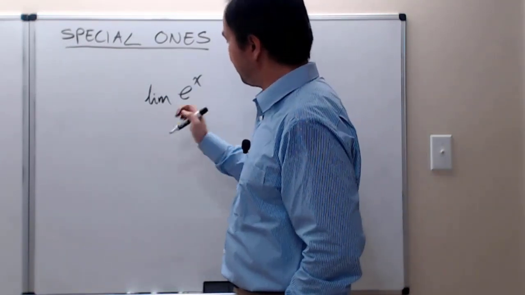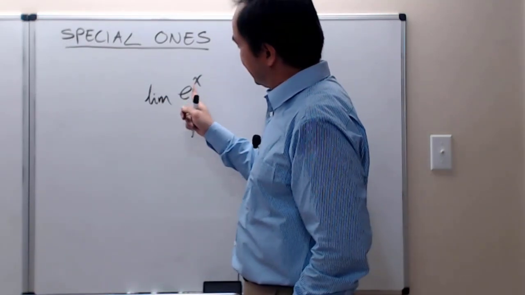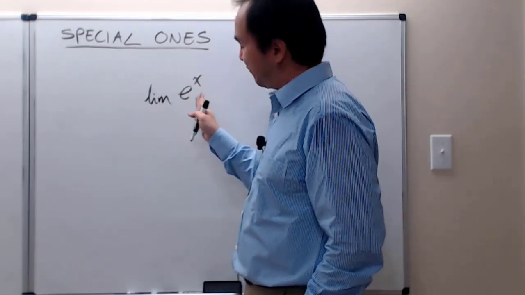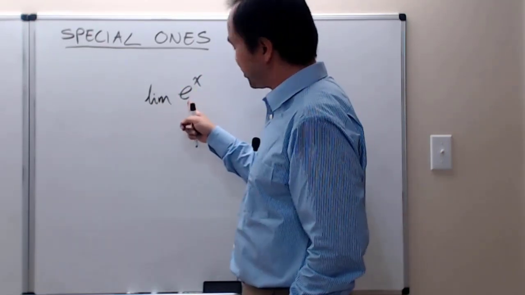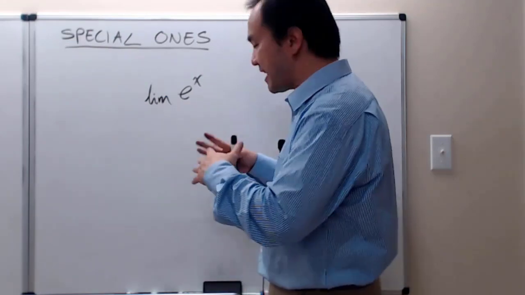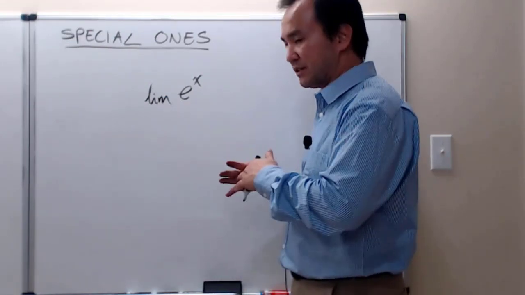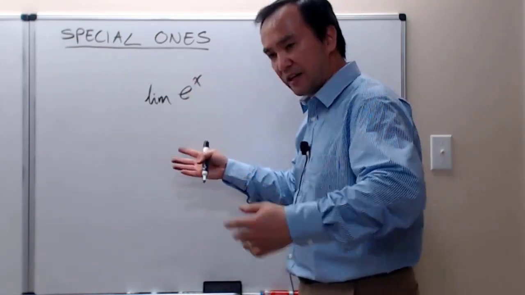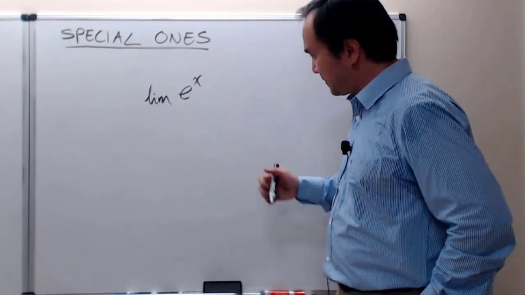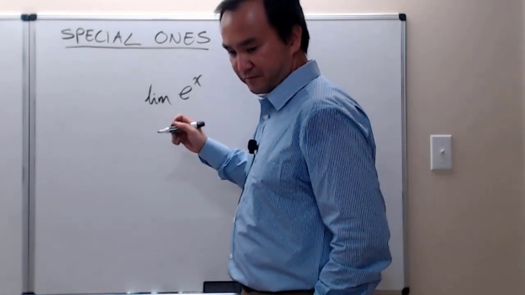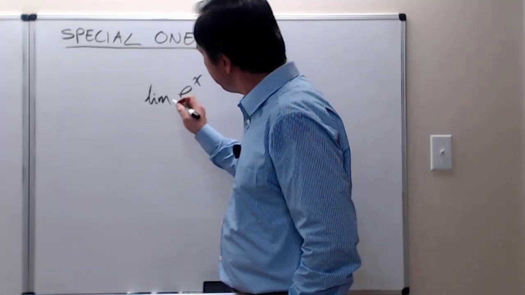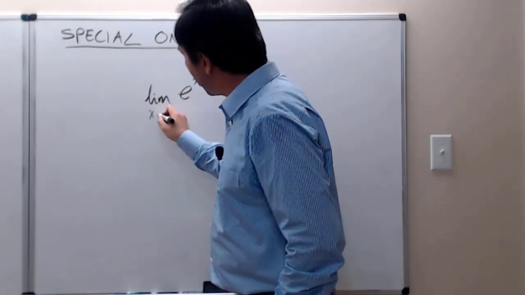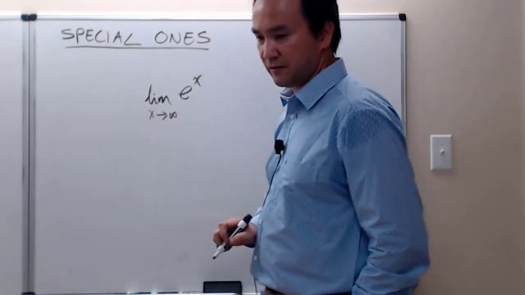So again, back to what I was saying earlier, once we have found the answer to this particular e to the x function, that answer can also be extended to the rest of the entire family of the exponential function. And so now we're going to consider the right-hand behavior of this function.